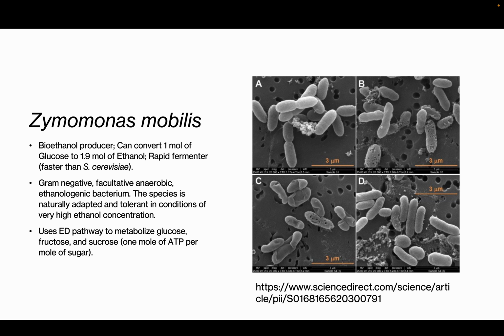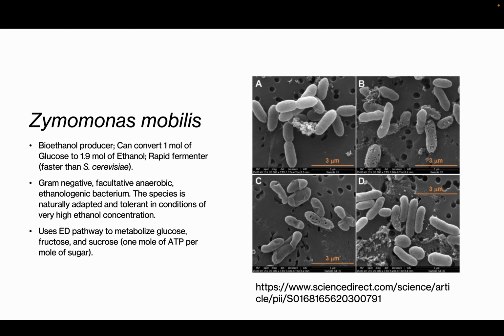It can convert 1 mole of glucose to 1.9 moles of ethanol, and it's a very rapid fermenter, even faster than Saccharomyces cerevisiae. Cellularly, Zymomonas mobilis is gram-negative, facultatively anaerobic, and an ethanologenic bacterium.